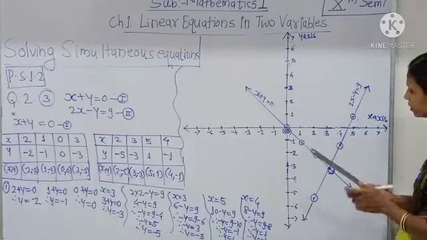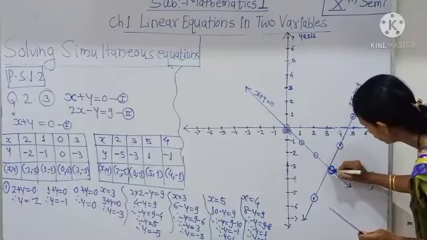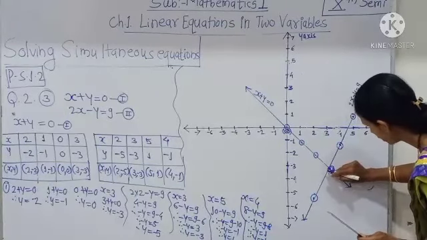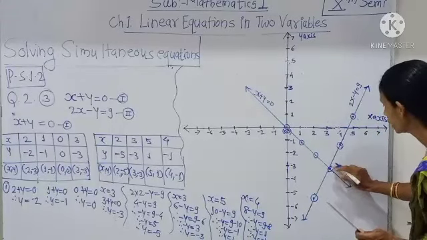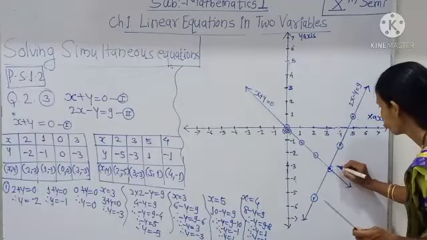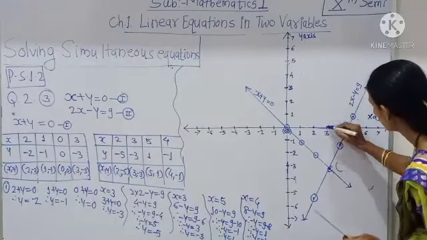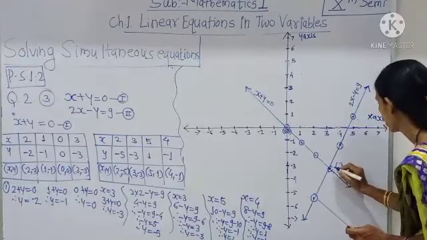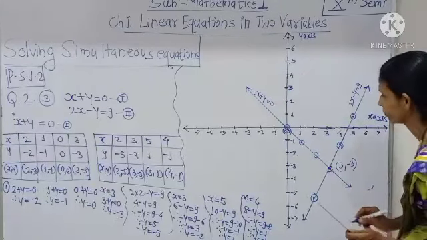Then see here, these two lines intersect at a point. The x and y coordinates of that intersection point are 3 on the x-axis and -3 on the y-axis.